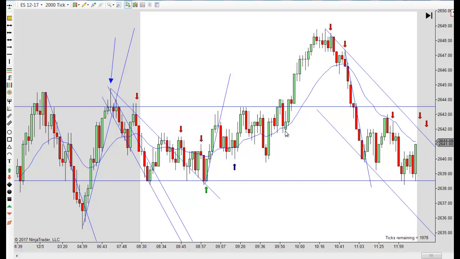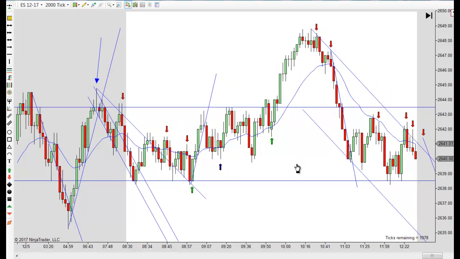There's a failed second entry short here, but your signal bar again is not very good. Of course, on a trap like that, you don't have to worry about your signal bar so much. So you might argue for that one because it is a form of a breakout pullback too with a failed second entry short. I'm probably not taking that right into that strong resistance. But if you don't take that, you don't really get another opportunity to enter.